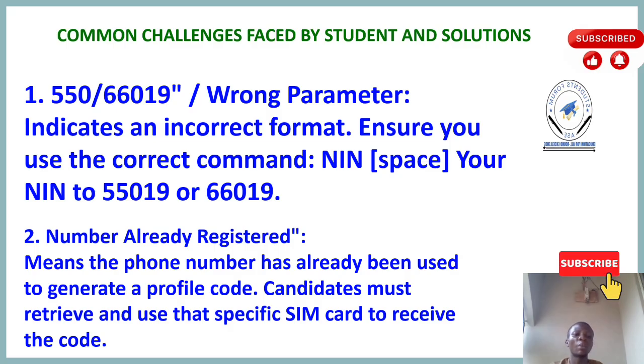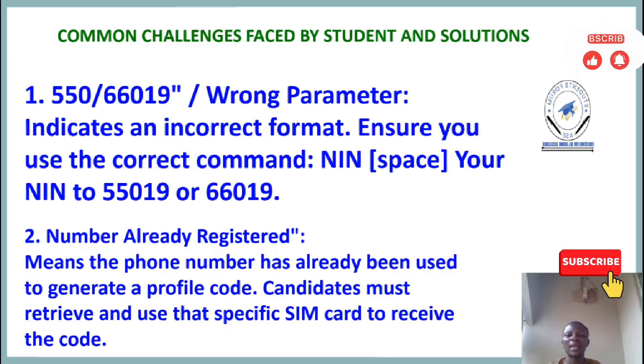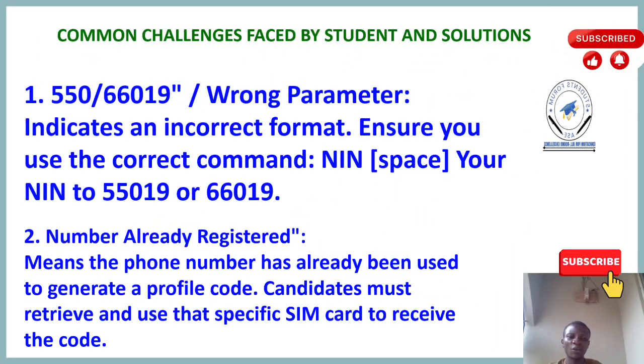Another common challenge that people face during registration is the wrong parameter error. Like maybe you see number 5501 and instead of 55019, some people end up writing 501, and in that kind of situation they end up with an error.